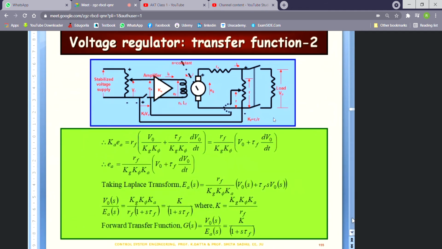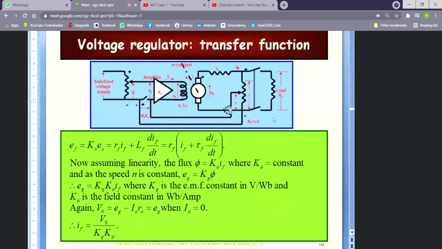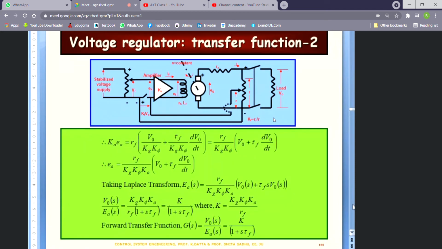So now again, starting from this one, that is KAEA is equal to RF IF plus tau F DIF dt, coming from that relation and substituting the value of IF with VO by kg k phi that we found out last. So KAEA is equal to RF whole into, now IF has been replaced by this over here as well.